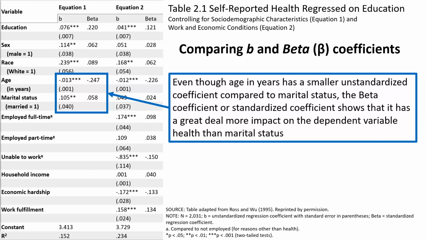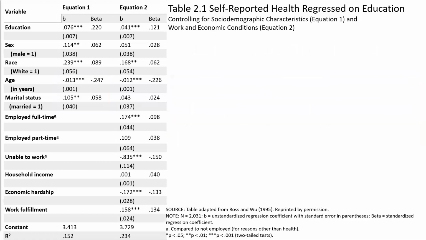The large number of response categories in age and years make the unit change seem less impactful when you're looking at just the unstandardized coefficients. So it's important to look at both of those. The greater statistical significance of age gives us some clue about the larger impact that it has compared to marital status, but the beta coefficient does a better job of illustrating this to us immediately.